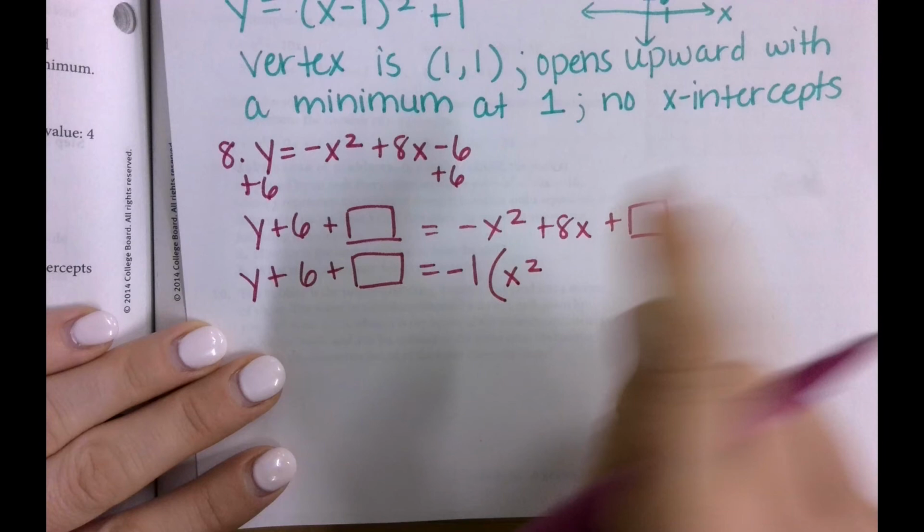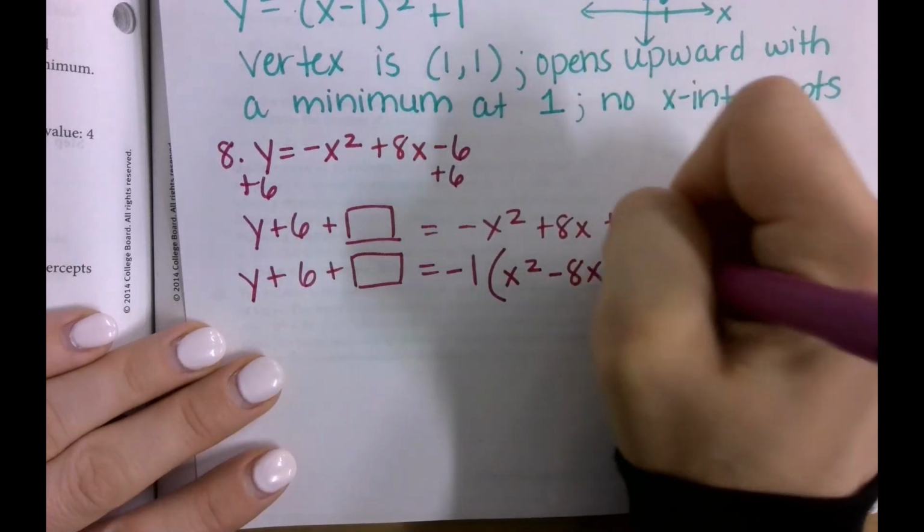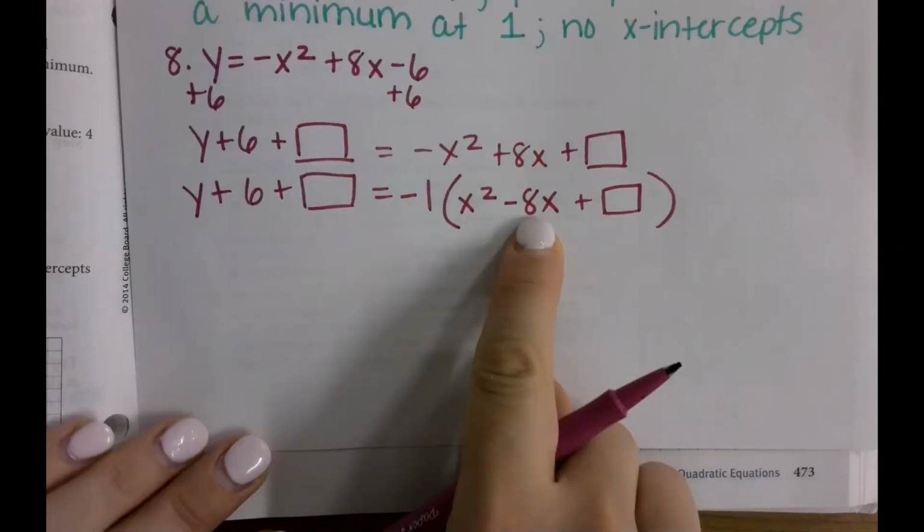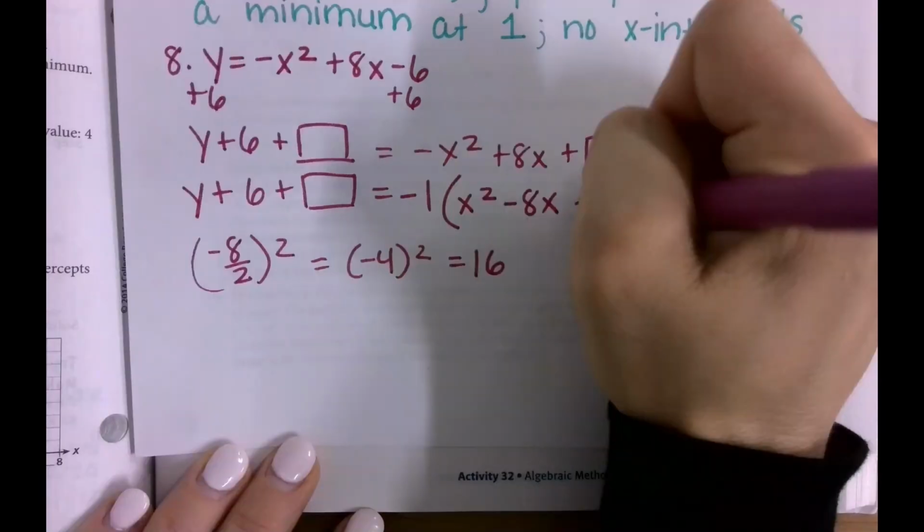If we divide 8x by negative 1, we're going to get negative 8x, and it changes the signs of everything inside the parentheses because, again, I want x squared to be positive in order to complete the square. Our b value is negative 8, divided by 2 squared, which equals negative 4 squared.